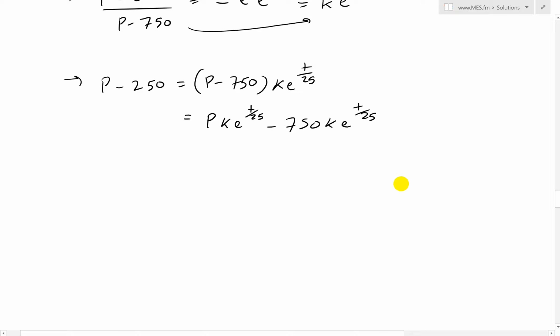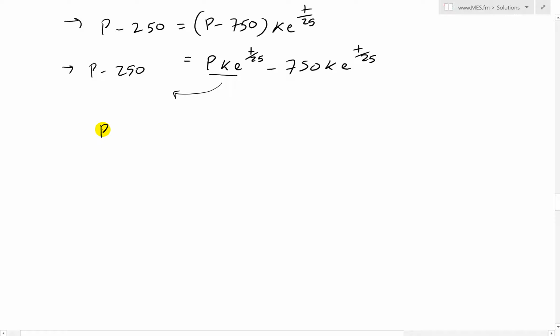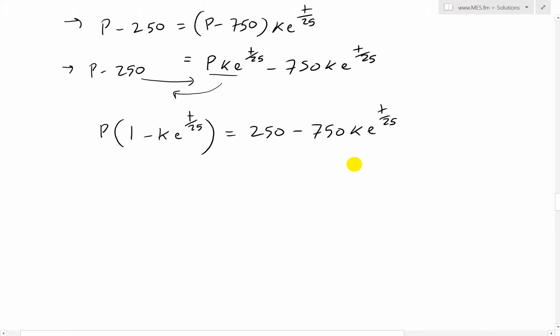And now we can move this on the other side. This is just p minus 250. So we can move this on this side and factor out the p. In other words, we'll have p, this one is a 1 in front, minus k e t over 25, and then move this negative 250 to the other side, so we get equals positive 250 minus 750 k e t over 25.